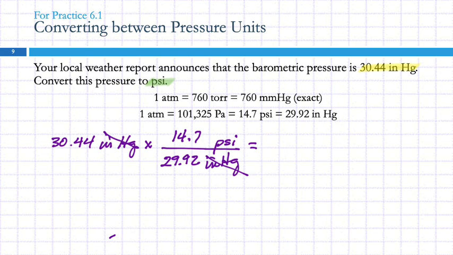I can do any combination of pressure units. So 30.44 times 14.7 divided by 29.92. The calculator says 14.95 PSI.